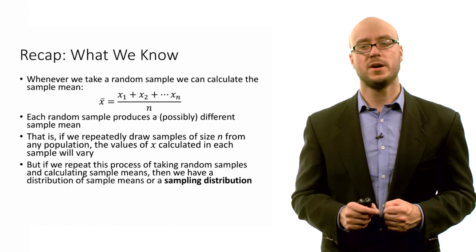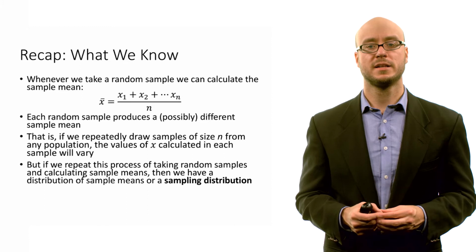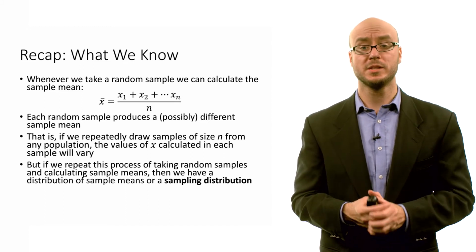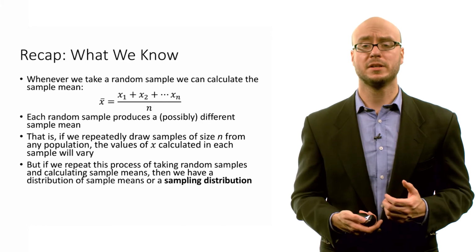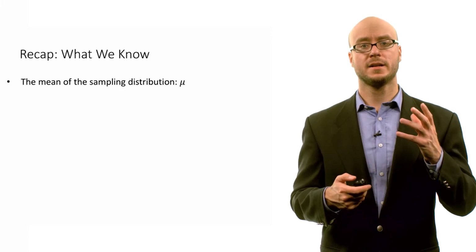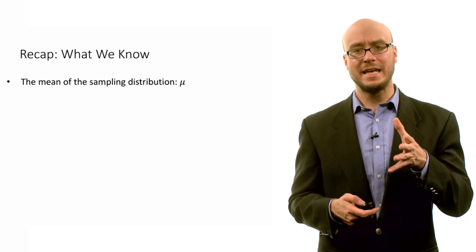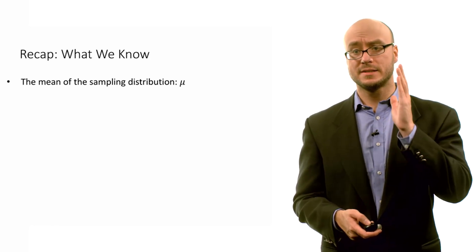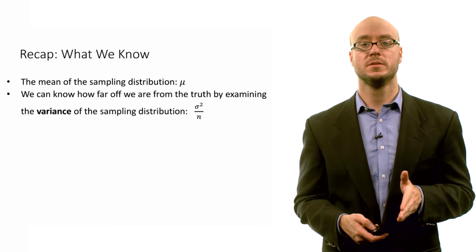But if we repeat this process of taking random samples and calculating sample means, and we create a dot plot, then we have a distribution of sample means, or what we call a sampling distribution. The key point here is that the mean of the sampling distribution is centered on the population mean mu.